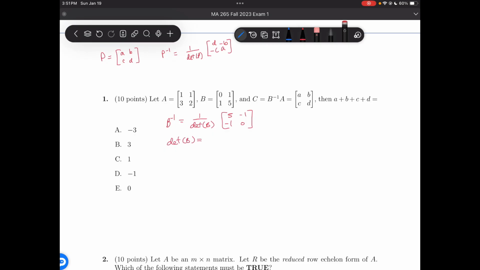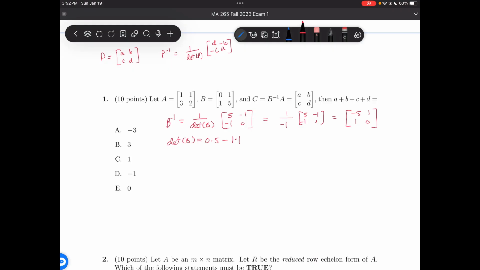The determinant of a 2 by 2 matrix is the product of one diagonal, and then you subtract the product of the other diagonal. So in this case, that is 0 times 5 minus 1 times 1, which is negative 1. So the inverse of B is 1 over negative 1 times 5, negative 1, negative 1, 0, which means the inverse of B is equal to negative 5, 1, 1, 0.